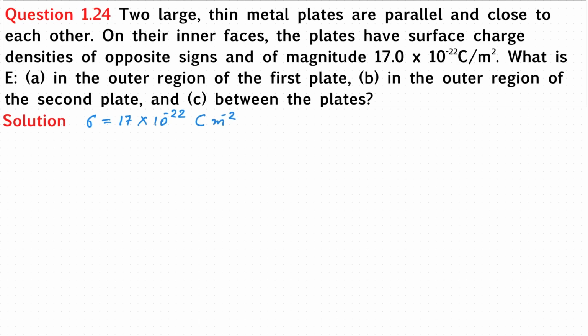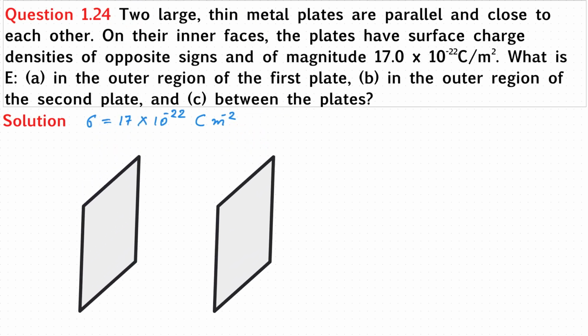Now let me take this figure. Let's say here are the two plates you can see, and let us mention that this first plate is positively charged and it is having a positive sigma surface charge density, and here is another plate which is having a negative charge distribution, and it is having a surface charge density of minus sigma.